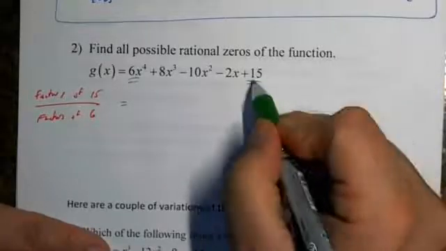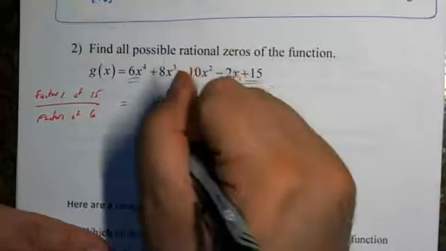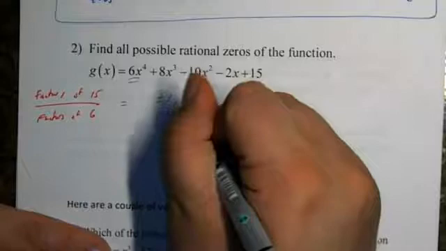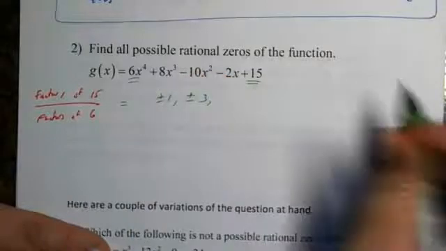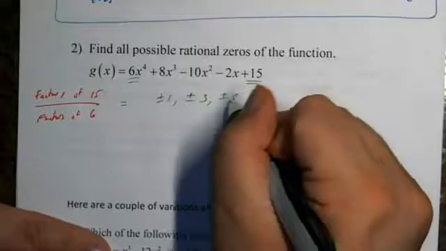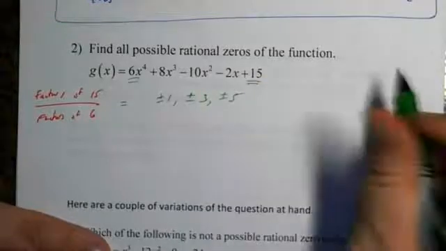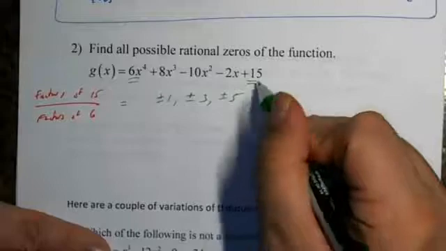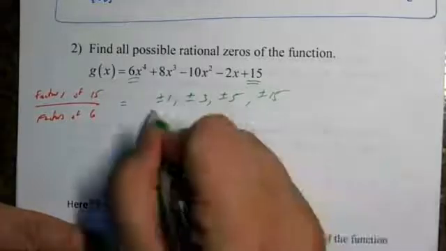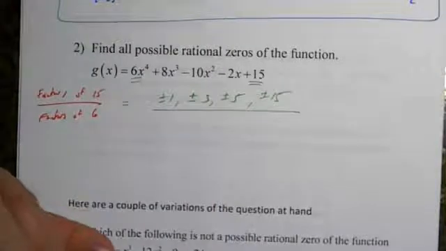So what numbers multiply to 15? What numbers go into 15? 1 does. 2? No. 3 does. Does 4 go into 15? No. 5 does. So 5 is a factor of 15. And 6, 7, nope, just 15. Those are all the factors of 15. So in other words, those numbers all go evenly into 15.